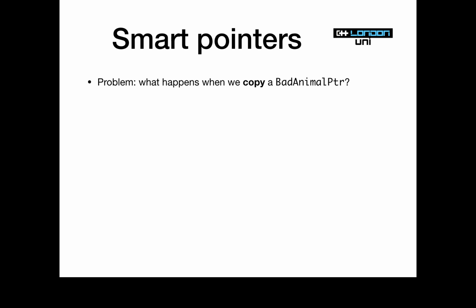So here's a problem. What happens when we copy a bad animal pointer? Now I'm capturing this A, and then I'm creating a new copy of it called B. So what's going to happen when this code runs?